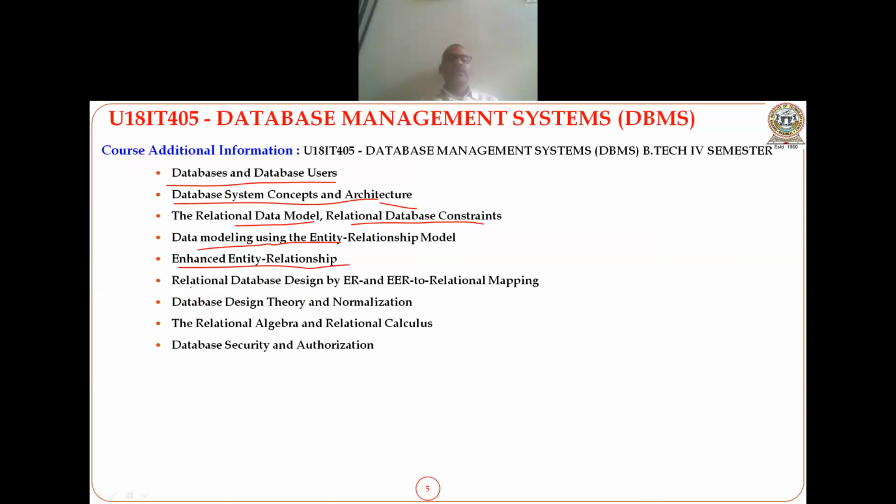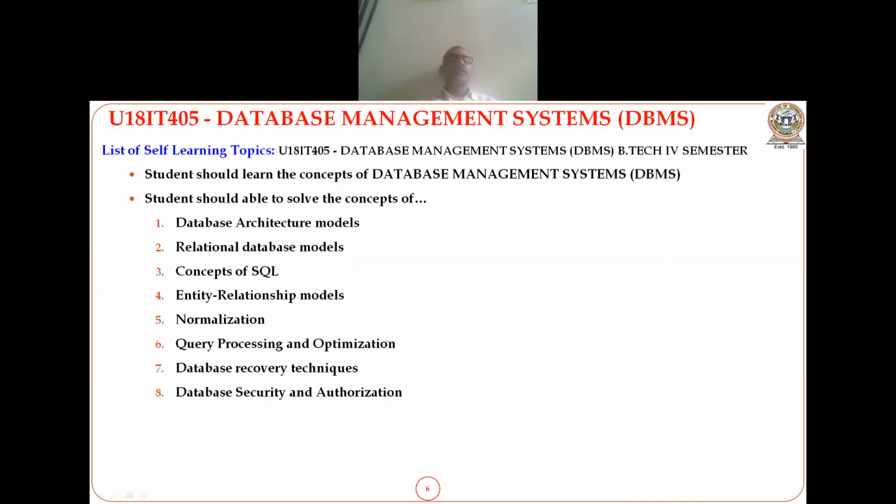We will see mapping of ER and EER to relations for database design, database design theory and the normalization concept, which is a very important concept that in databases we need to understand, and relational algebra and relational calculus. And in the last, fourth unit, we are going to learn about security and authorization techniques on databases.